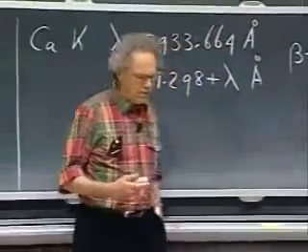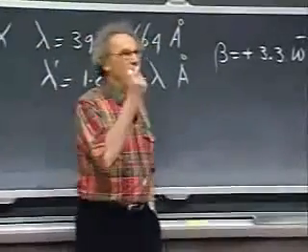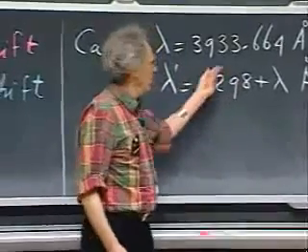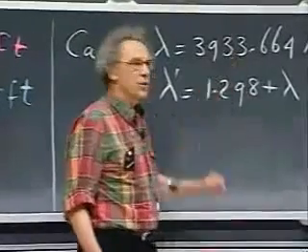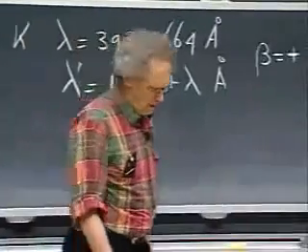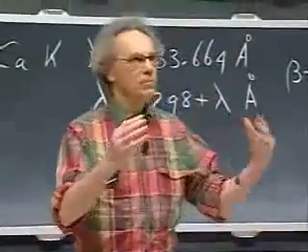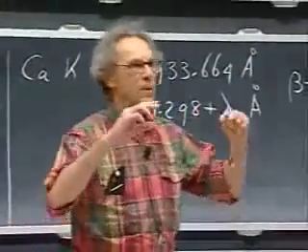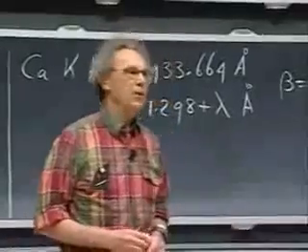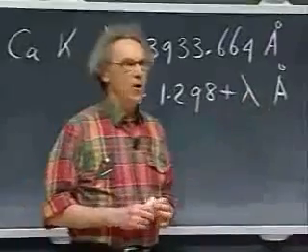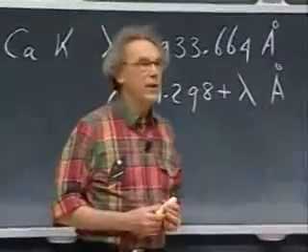How can I measure the wavelength shifts so accurately that we can see the difference of 1.3 angstroms out of 4,000? The way that it's done is that you observe the starlight and you make a spectrum, and at the same time you make a spectrum of light sources in the laboratory with well-known and well-calibrated wavelengths.